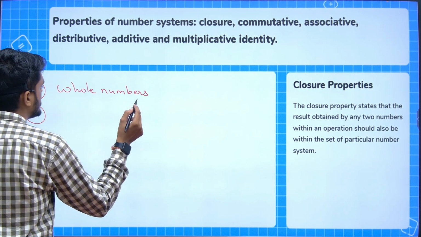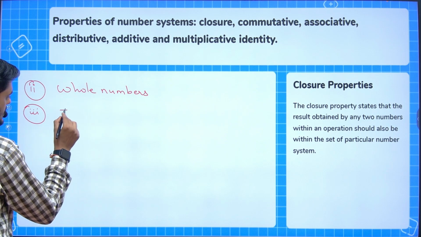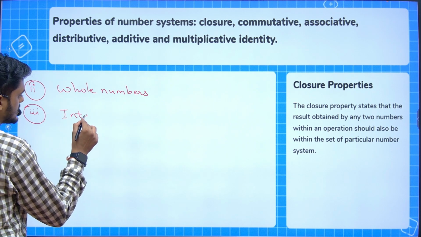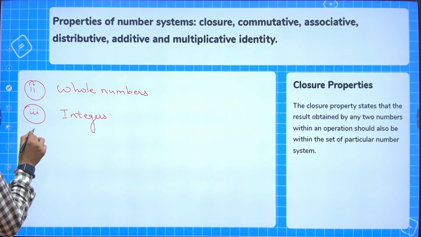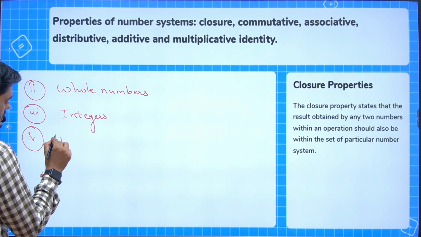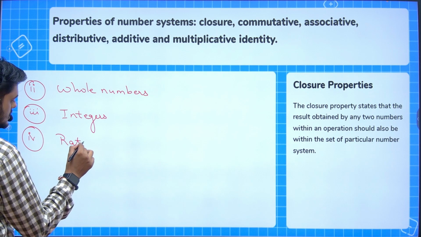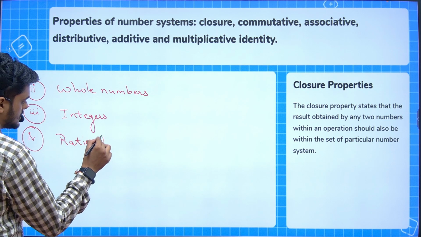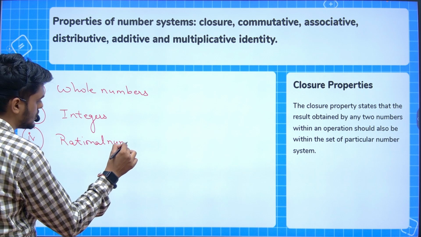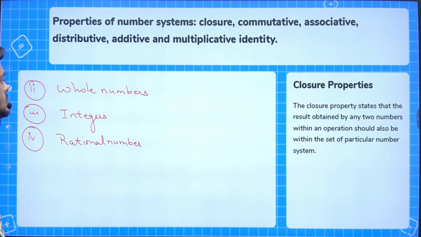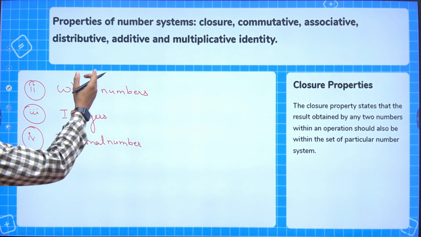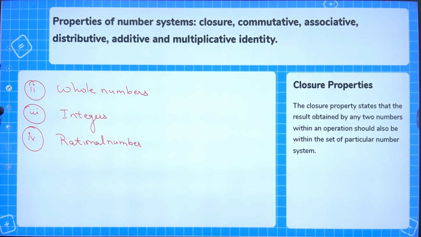Once you have completed this, you need to move to the next set, that is integers. And the next set would be rational numbers. You need not apply this property to irrational numbers. You need to apply these properties only to such number systems.